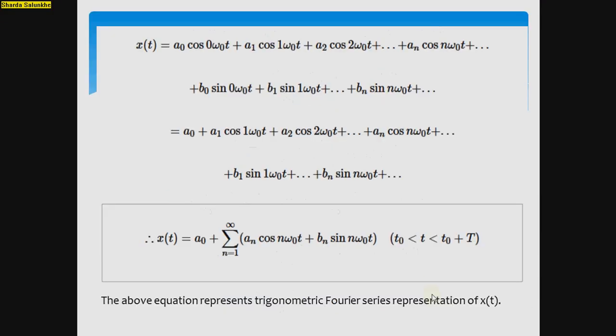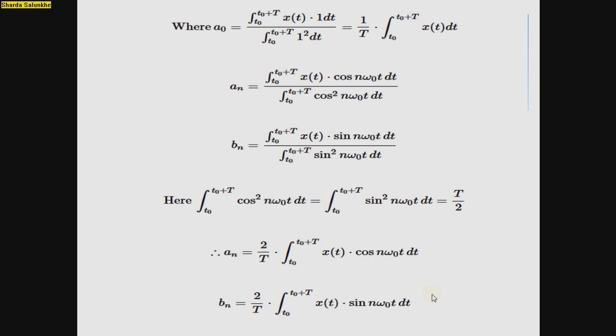So x of t is equal to a0 plus summation n equal to 1 to infinity of an cos of n omega 0 t plus bn sin of n omega 0 t, for t greater than t0 but less than t0 plus T. This expression is called the TFS, that is the trigonometric Fourier series representation of x of t, where a0 and an can be derived.